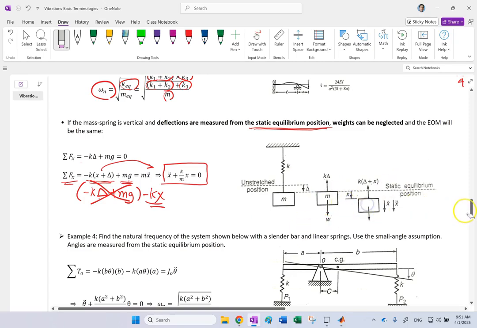And you might say, well, can I not start it from static equilibrium? Yes, you can. But why would you bring it to static equilibrium? Because you want the system to be symmetric about that middle position, right?